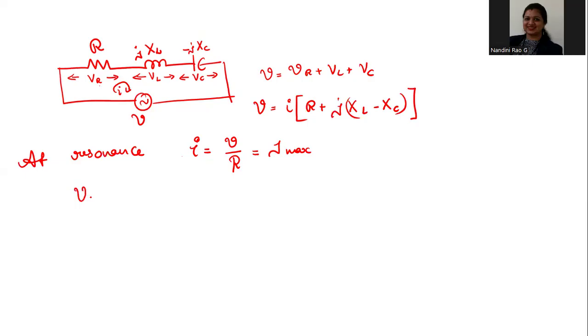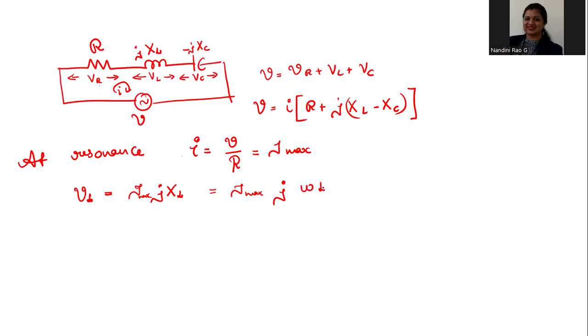What will be the voltage across VL in terms of current and XL? Voltage across VL. Reactance is jXL. Current at resonance is I max. Same thing, I will write I max jXL.